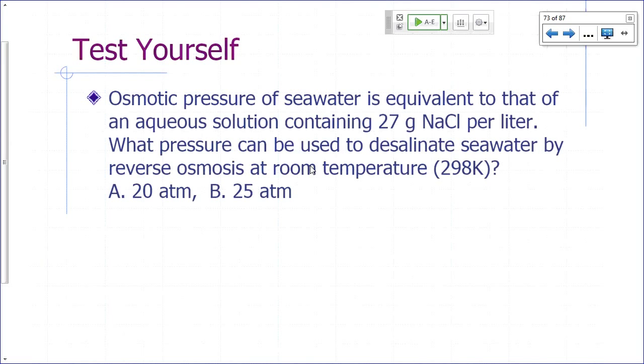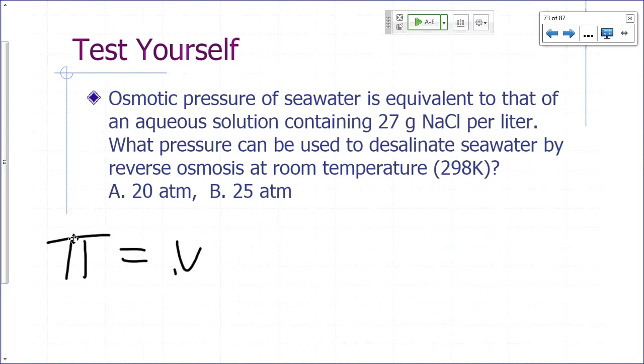Okay. Osmotic pressure of seawater is equivalent to that of an aqueous solution containing 27 grams of sodium chloride per liter. What pressure can be used to desalinate seawater by reverse osmosis at room temperature? Okay. Well, you need the pressure equal to the osmotic pressure. What would that be?